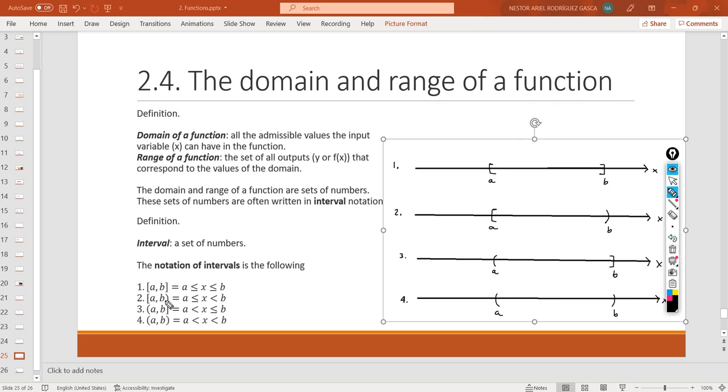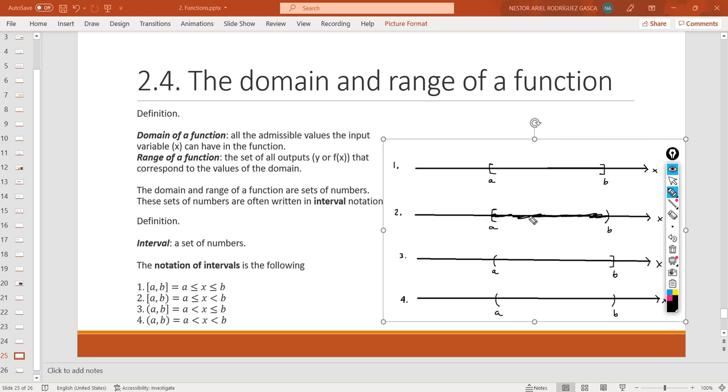Now, what about this symbology? It's the same for A, like square bracket A, comma, B, and then parentheses. What that means is the following, guys. It's all the numbers X that are greater or equal than A, but strictly less than B. And the only difference with respect to the previous one is that it is basically the same thing, guys. It's all these numbers in this region, in this zone, all these numbers in here that I'm highlighting.